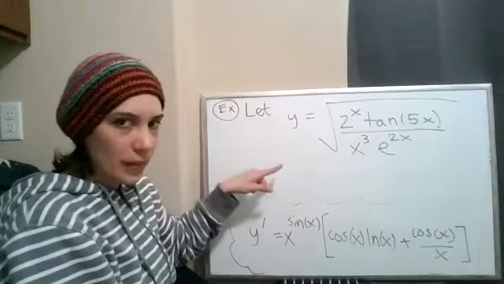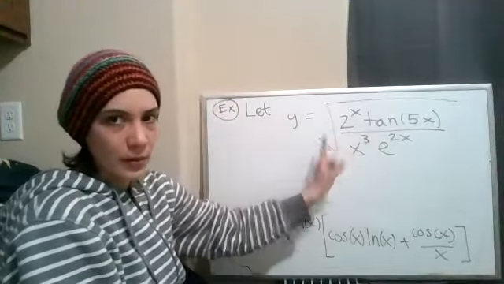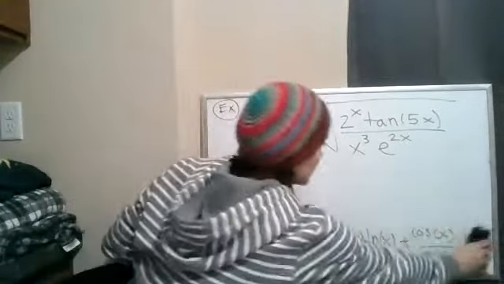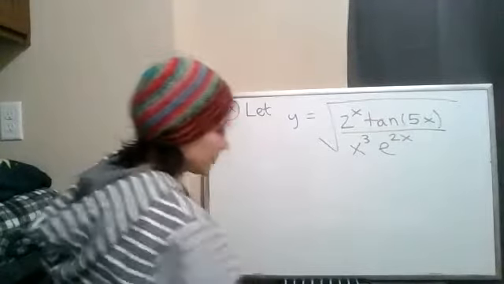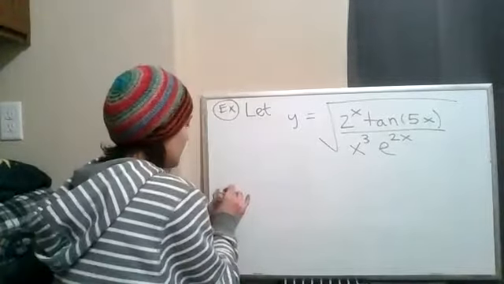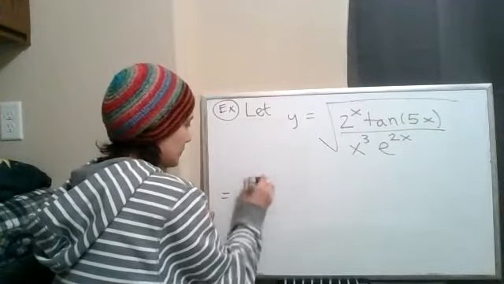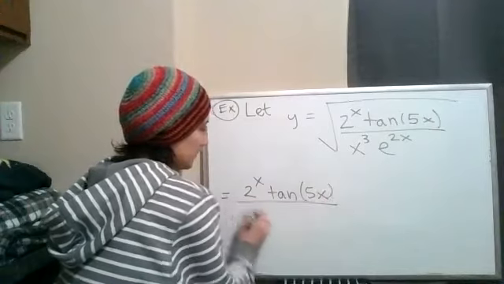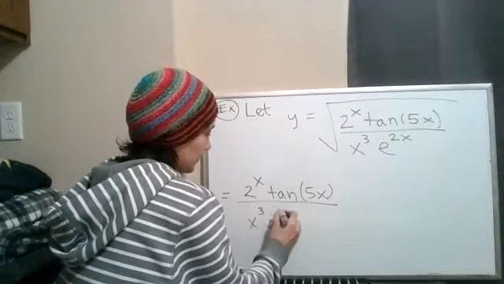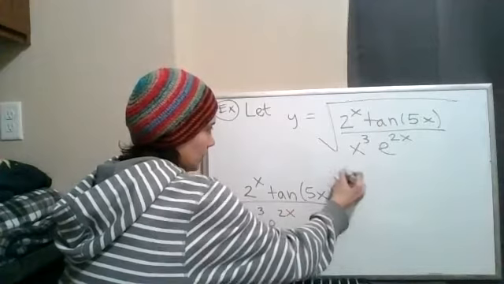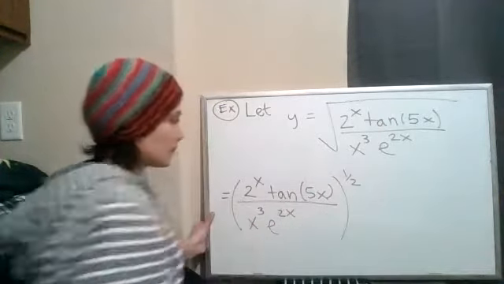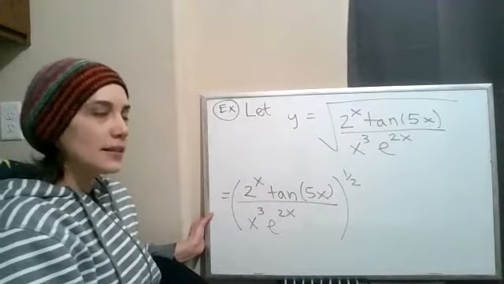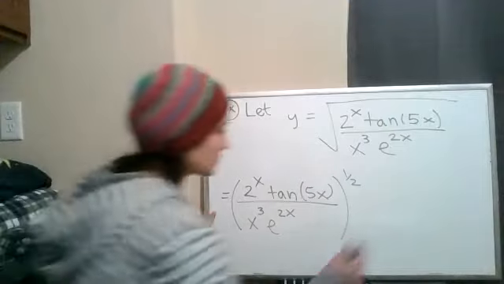So we have y equal to everything here with 1/2 power. Okay, then let's see, take the natural log of both sides.